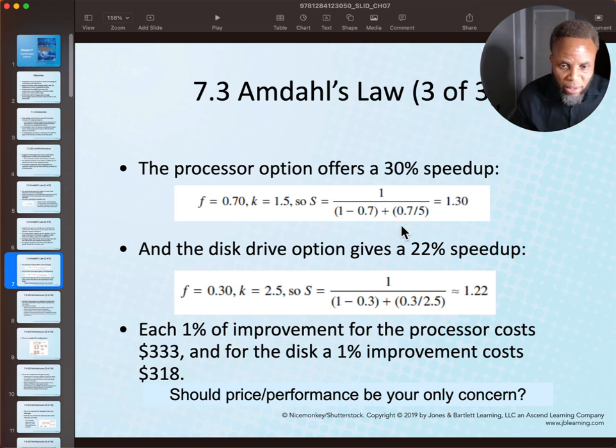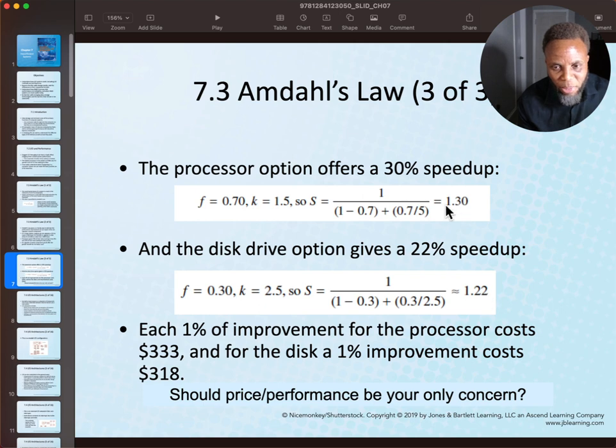So if you go back here, F, which is the percentage of time the CPU spends in that process, is 0.7. K is the speed up, that's 1.5. So if you plug in the numbers into the formula, you would see that S is 1.3. If you do similarly for the disk, you would see that S is 1.2.